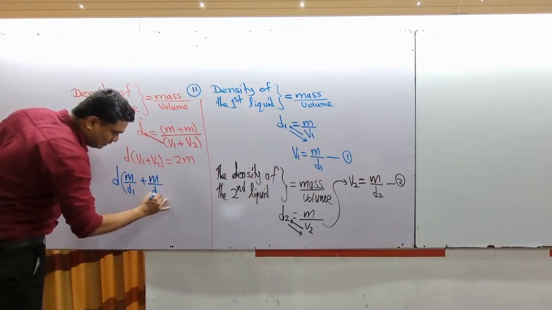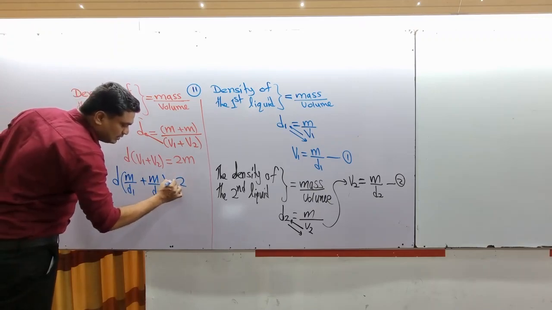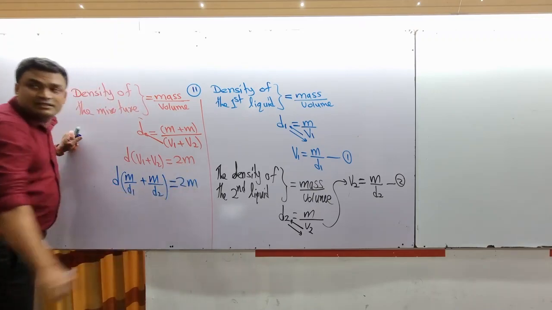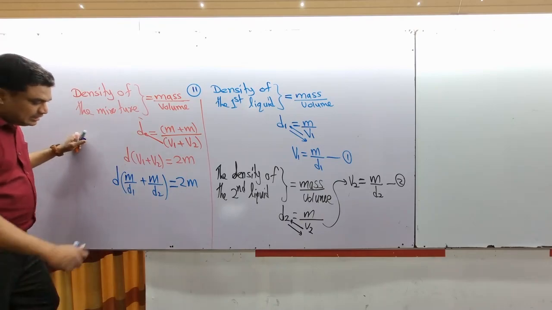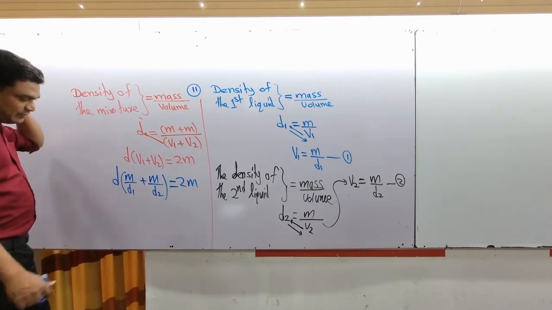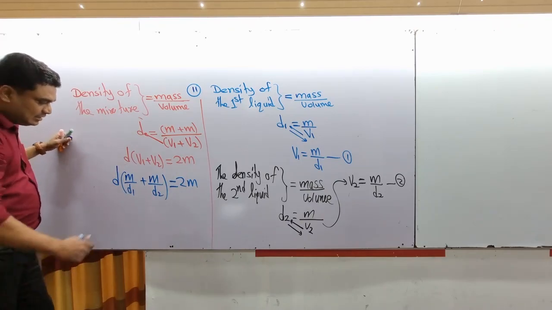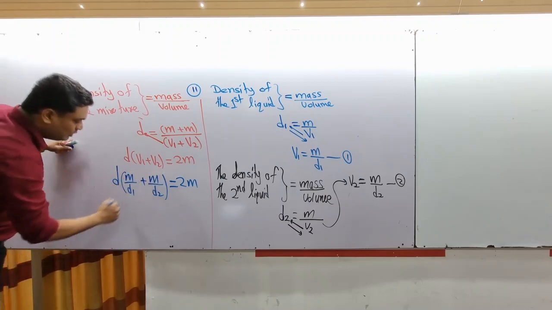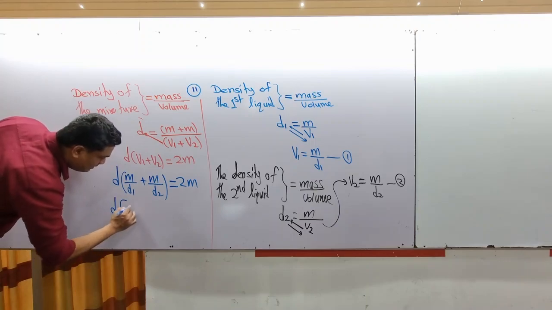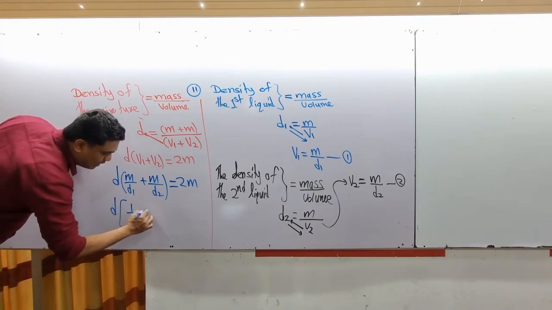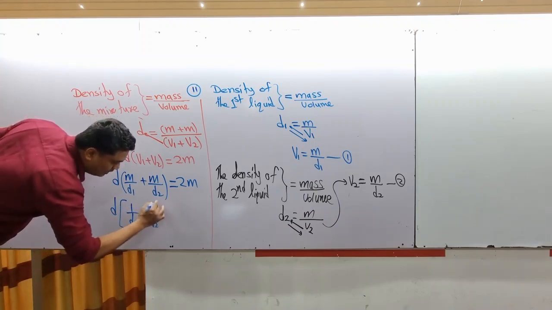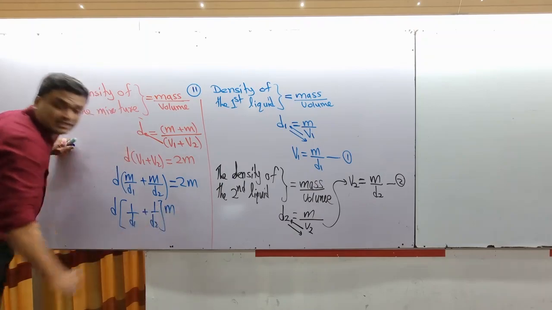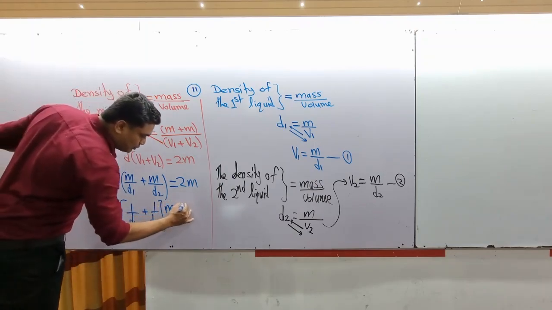So M over D1 plus M over D2 equals 2 times M. The easiest way to simplify this is, there are many methods. One of the things that you can do is take M out. Then this will be 1 over D1, this will be 1 over D2, M is taken out, equals 2M.